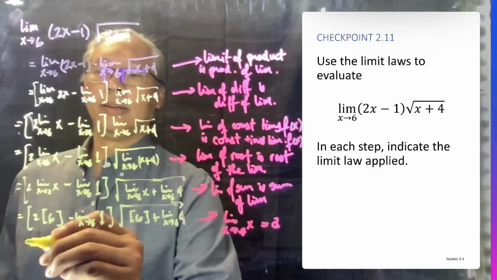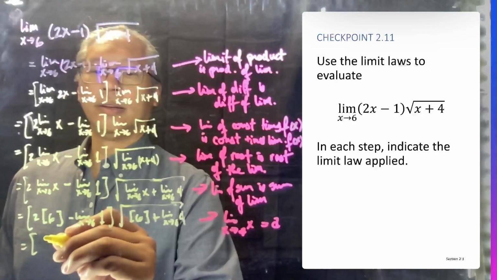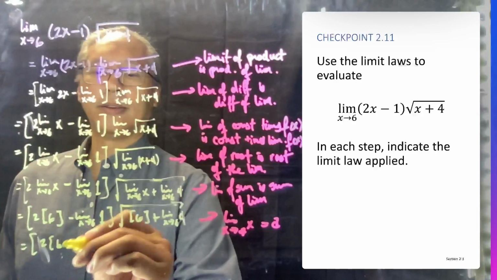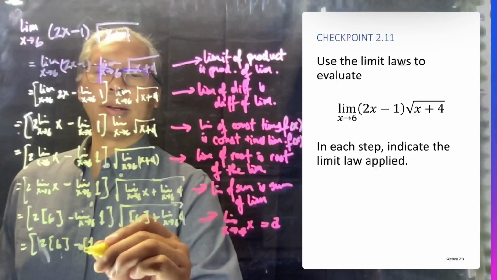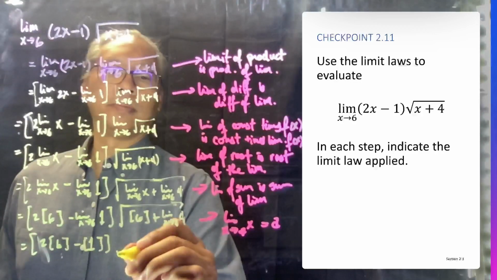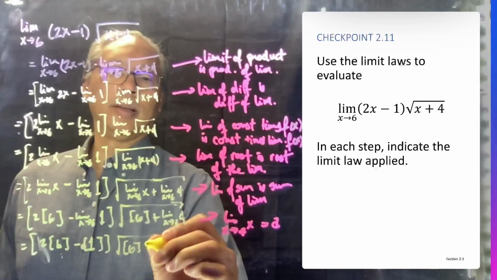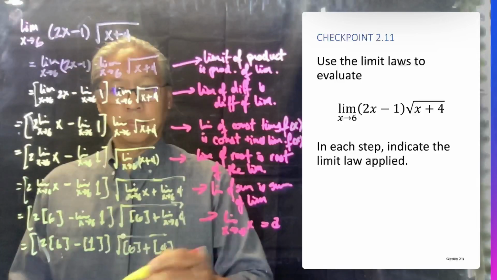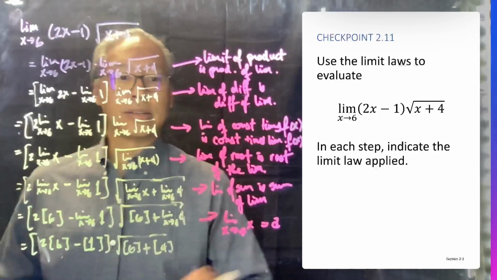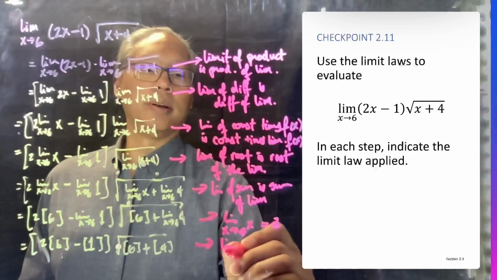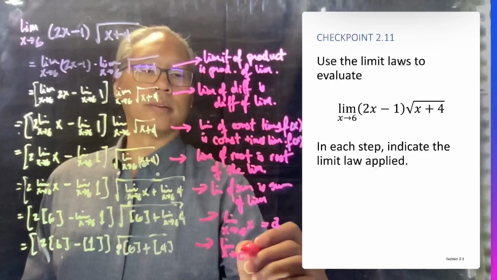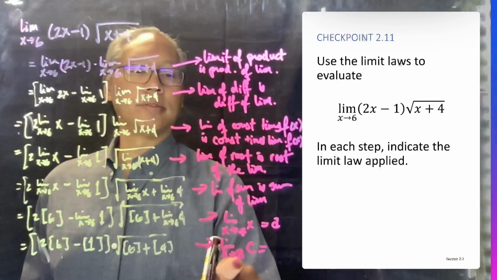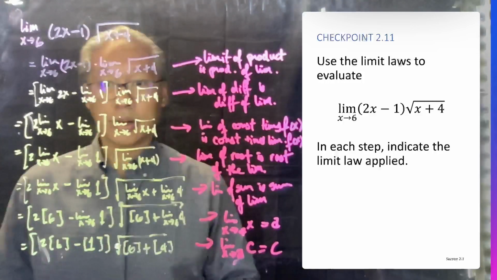And then one more limit law. 6, let's just keep this as is. This is 2 times 6 minus, this is just going to be 1 now. And this is going to be 4. And this is the law that says that limit as x approaches a of a constant doesn't matter what a is equal to. If this is a constant, then this is always going to be the same.